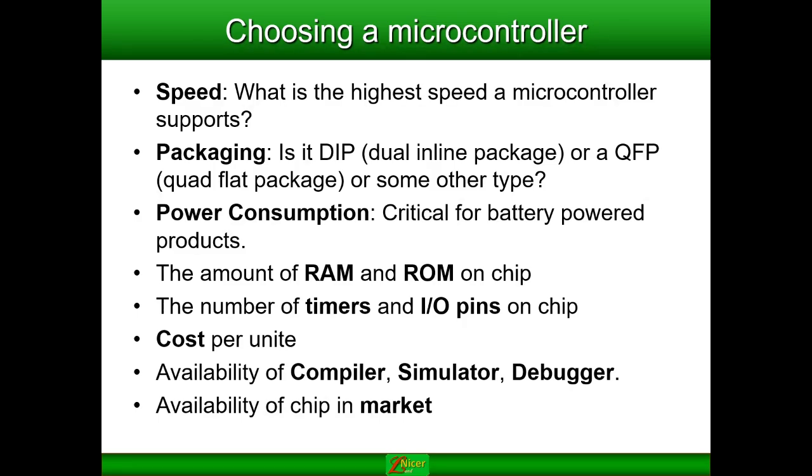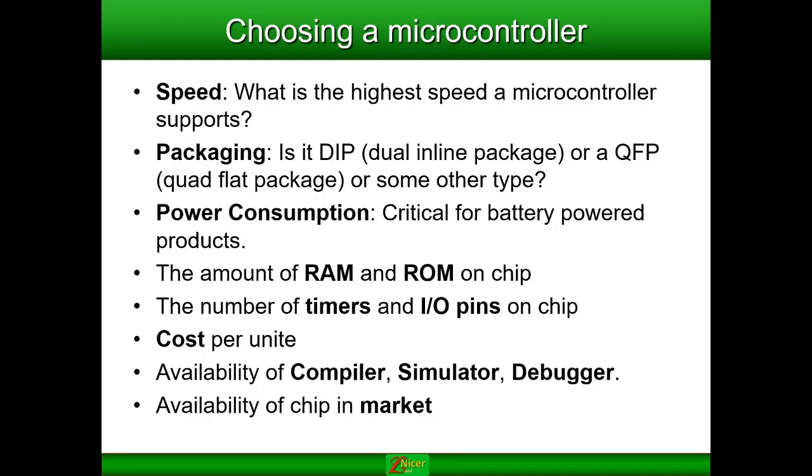Cost per unit, how much it costs. Of course, this is one of the very important parts as well. When we are talking about large scale manufacturing, cost isn't very high, but when we are making the product in small amounts, the cost can go up very high.